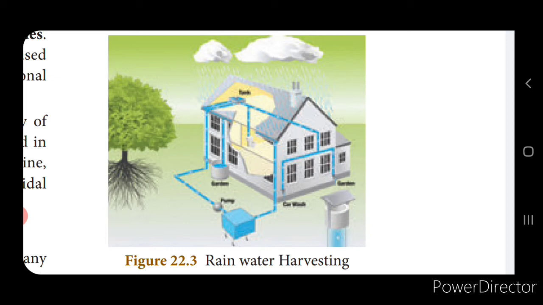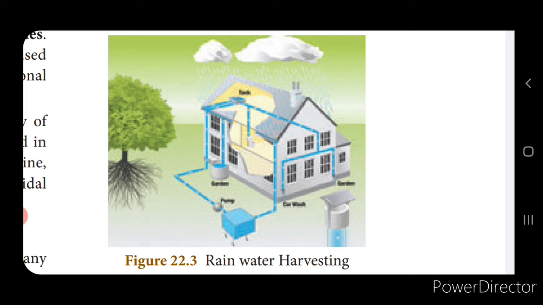The main purpose of rainwater harvesting is to make the rainwater go deep into the ground so that it recharges the groundwater level, to increase the groundwater level. So the rainwater percolates, it seeps under the ground and recharges the groundwater level so that the groundwater level does not get depleted.